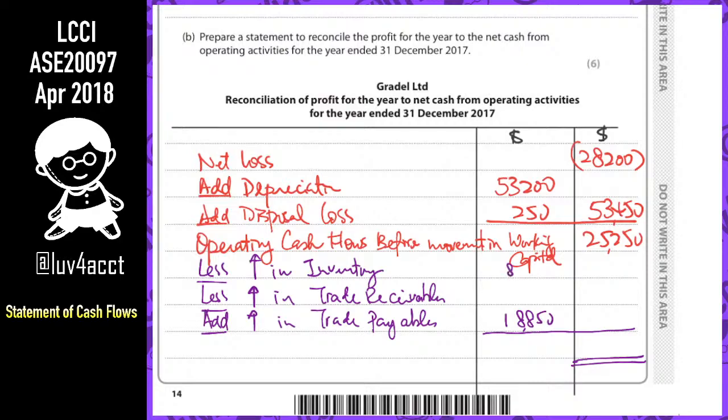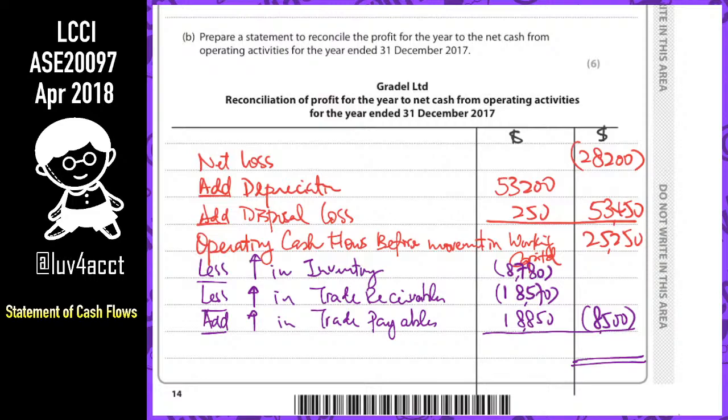Inventory 8780, 18570. $8500 negative. Okay, this part in purple. Okay, we will also use it in the evaluation part.